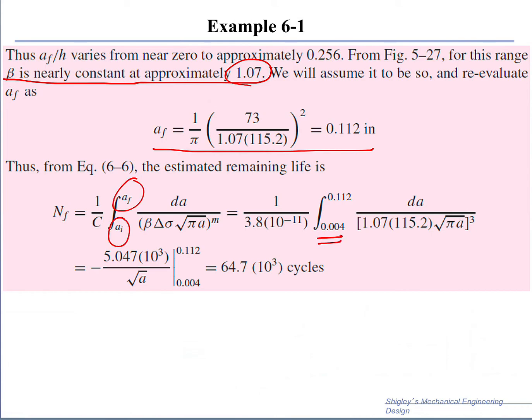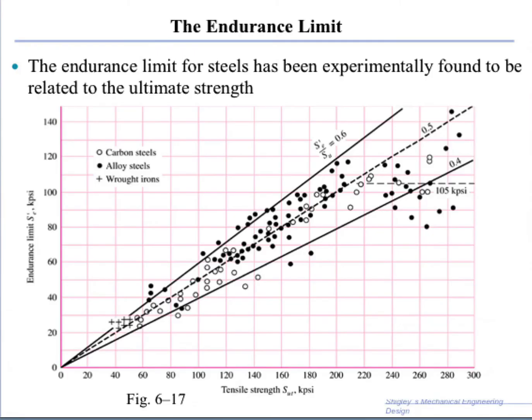I know a initial is 0.004, so a final is 0.112, and I know the delta sigma, and beta is now fixed. Therefore the integration has only dA over square root of pi a to the power 3, which is easy to do, and that gives me the number of cycles to be 64.7 times 10 to the power 3.